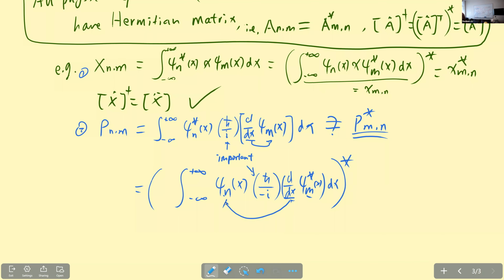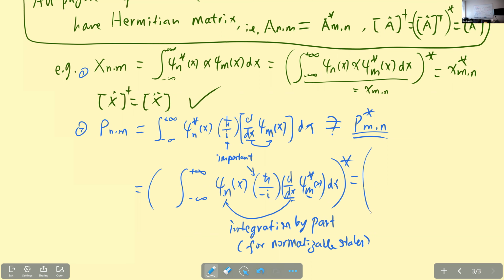But now we can do this one. If the states are normalizable, we can use the integration by parts for normalizable states. Okay, so that will give us a minus sign. So this one will equal to, okay, so you have two terms.